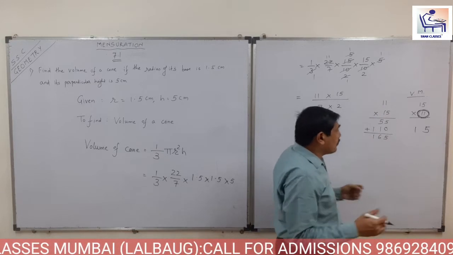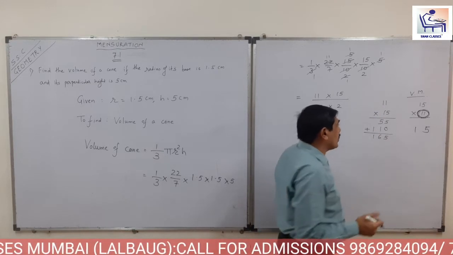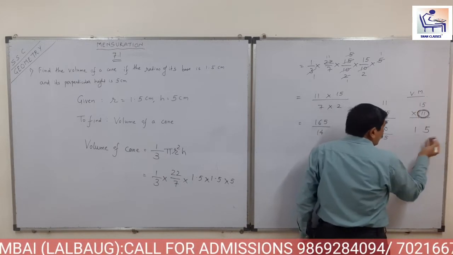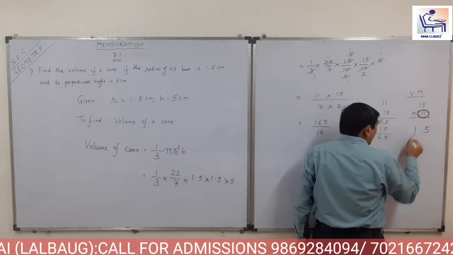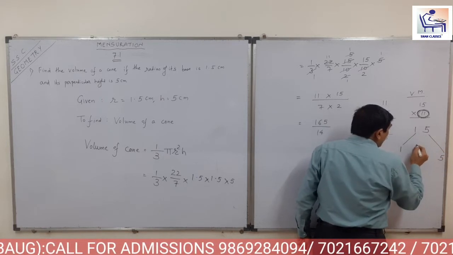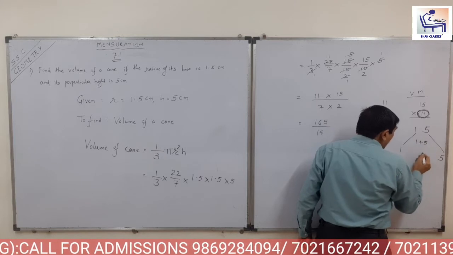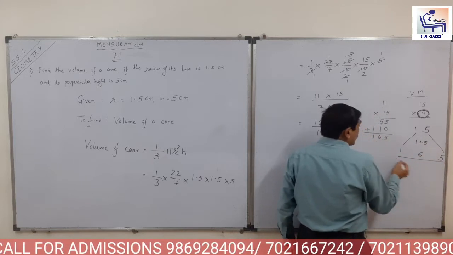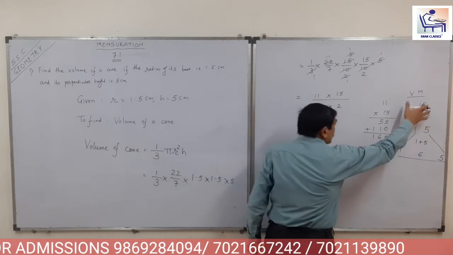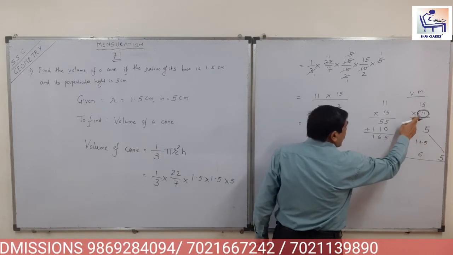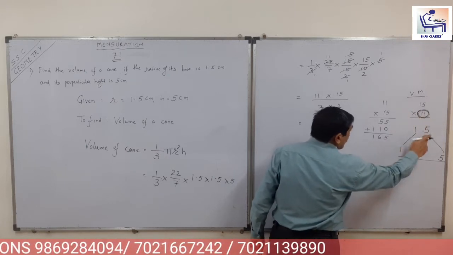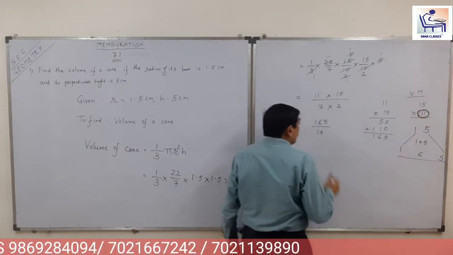Whenever you have to multiply a number by 11, you can easily apply Vedic maths. What you have to do, you have to write the first number and last number as it is. Then in the middle we have to add up and write, okay, you got here answer 165. So this is a very easy trick. You can apply this trick to multiply any number by 11.